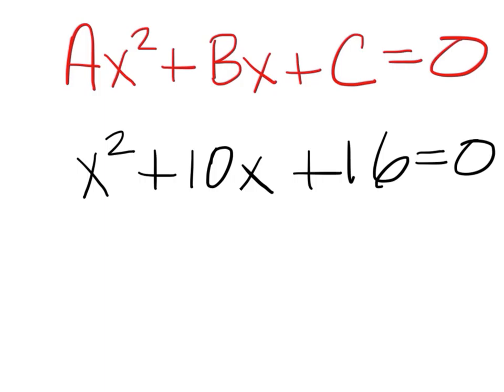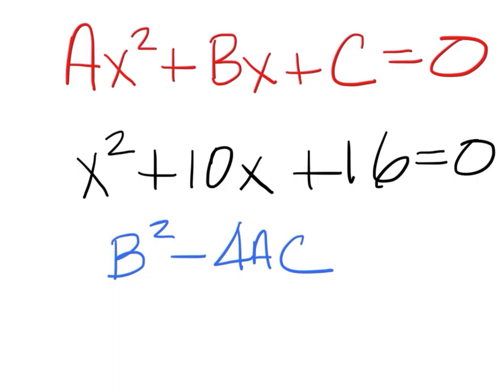The discriminant lets you know if there are any solutions to this equation, and if there are, how many. The discriminant is b squared minus 4ac. You will use that to come out with a number.